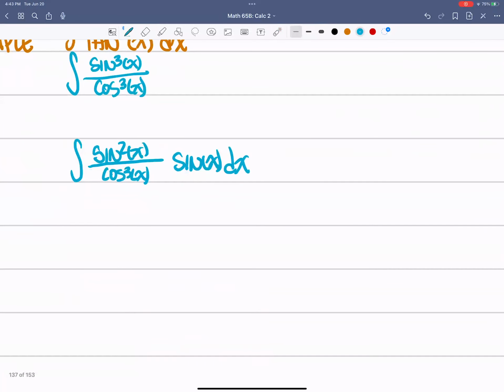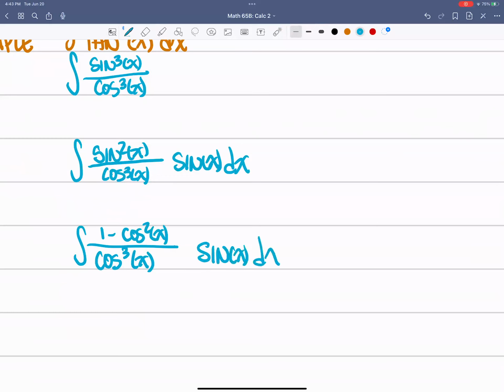I think we got it. Actually, let's put it into prettier terms right now. Sine squared x over cosine cubed x, with sine squared x being 1 minus cosine squared x, and we have sine x out here.